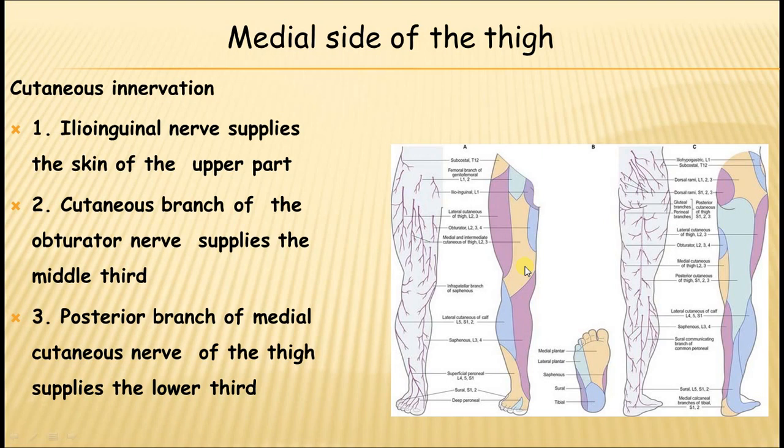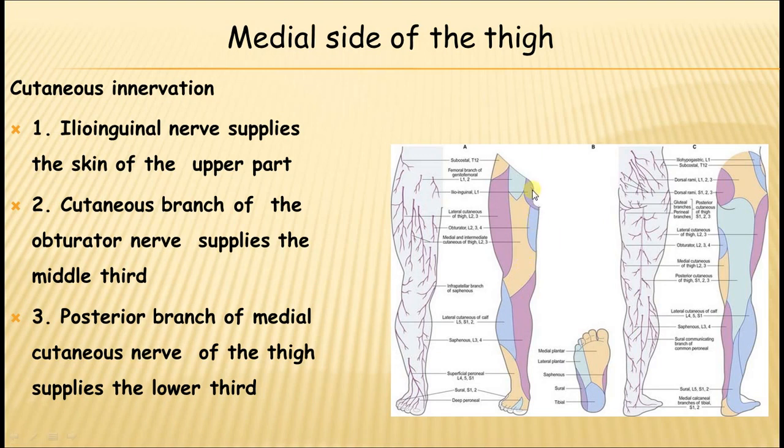So two cutaneous branches mainly from the anterior division: the medial cutaneous nerve of the thigh, and the other one, a bit more lateral, the intermediate cutaneous nerve. Both are cutaneous branches from the anterior division of the femoral nerve. Regarding these two branches, we have seen them well in the front of the thigh and also in the femoral triangle.